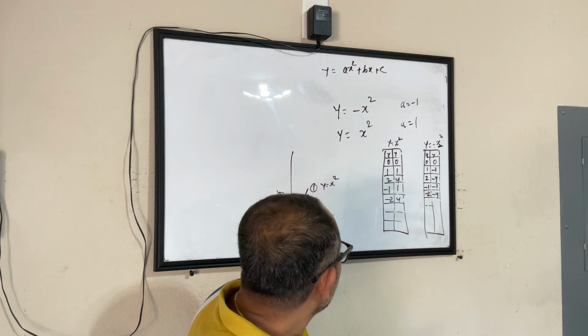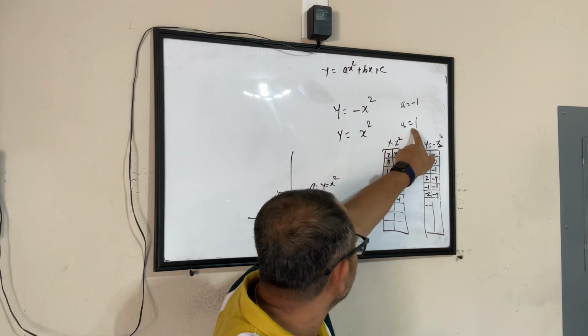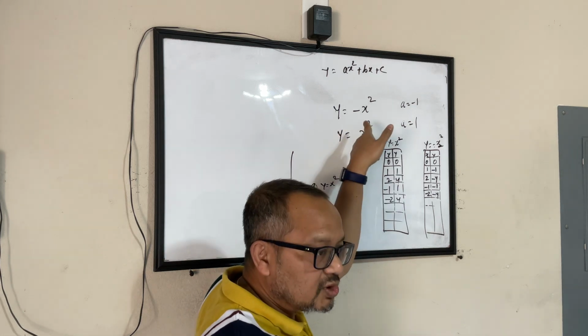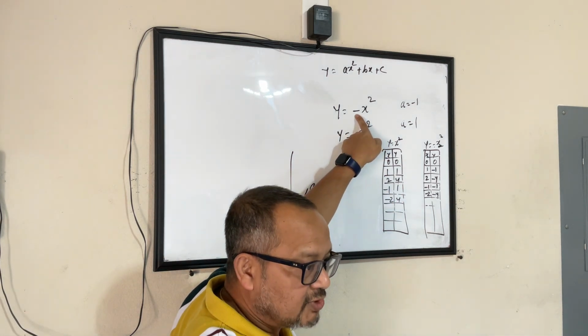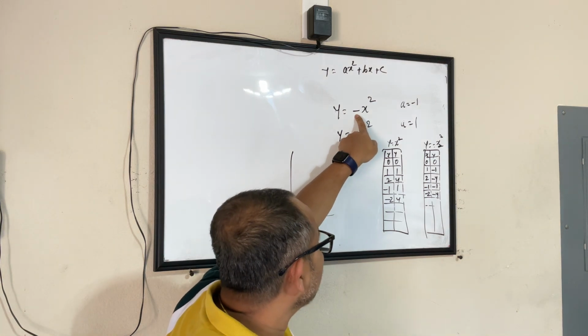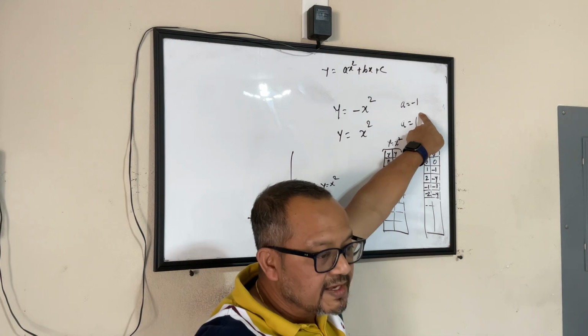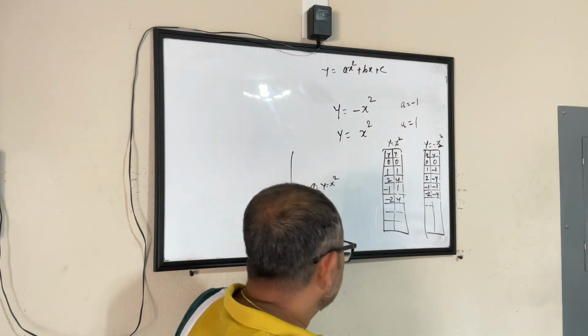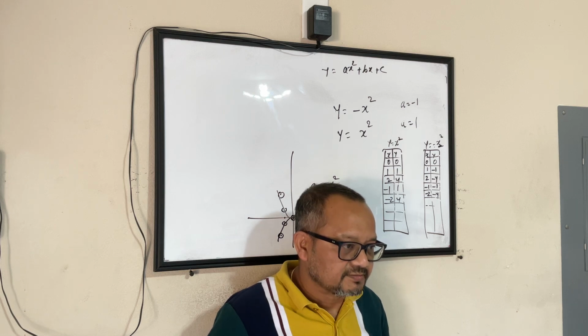But on a serious note, what you see here is when your coefficient was positive, the parabola was facing upward. When the value of a was positive, it was facing upward. When the value of a is a negative value, it's facing downward. And that's an interpretation we can draw from this.